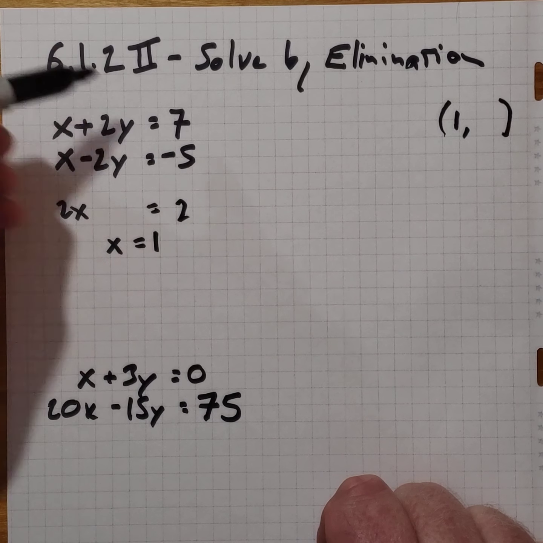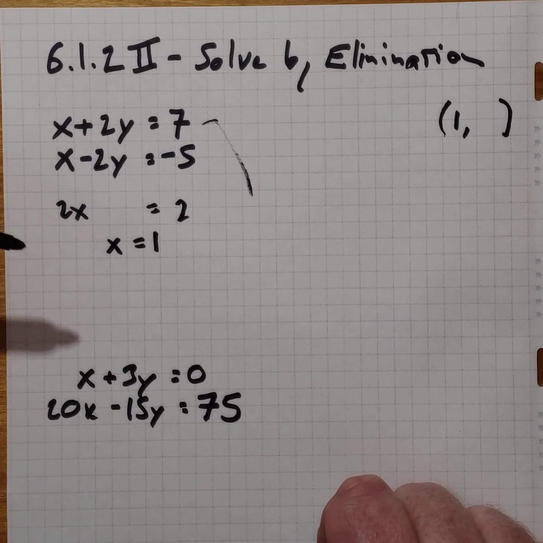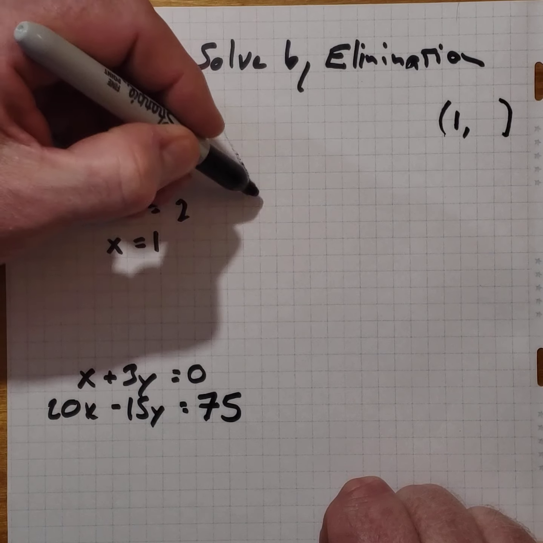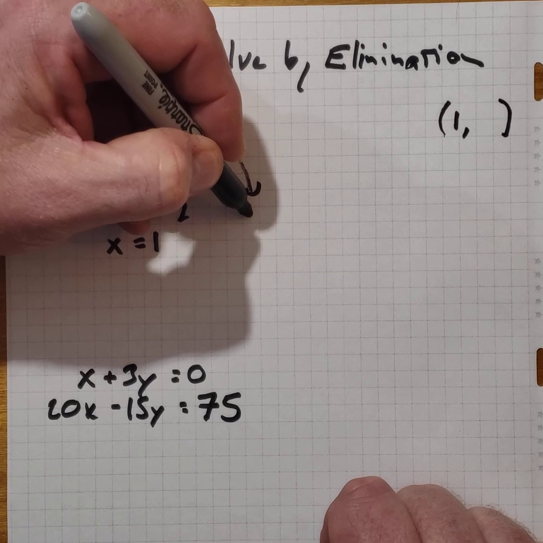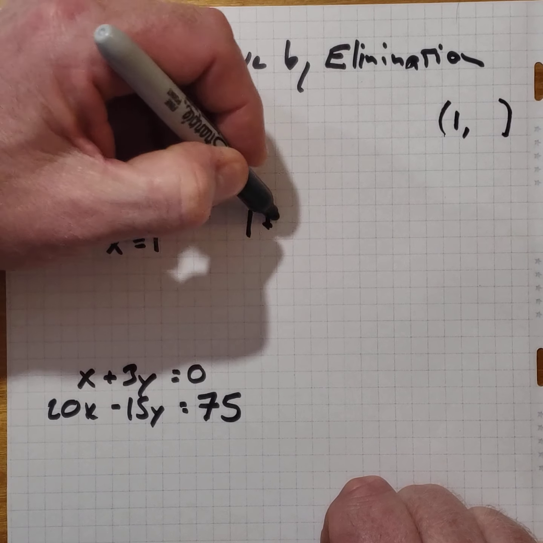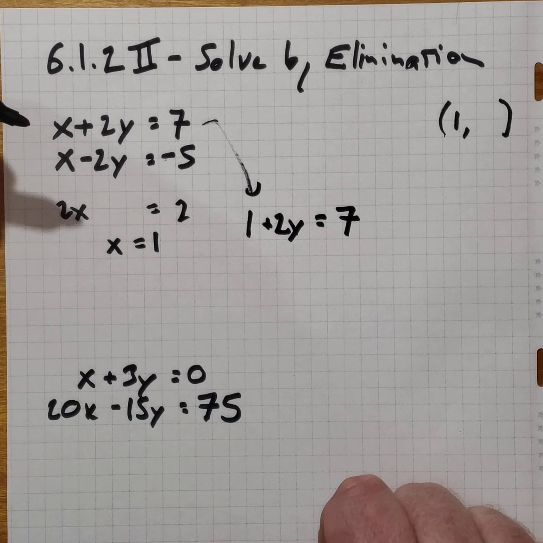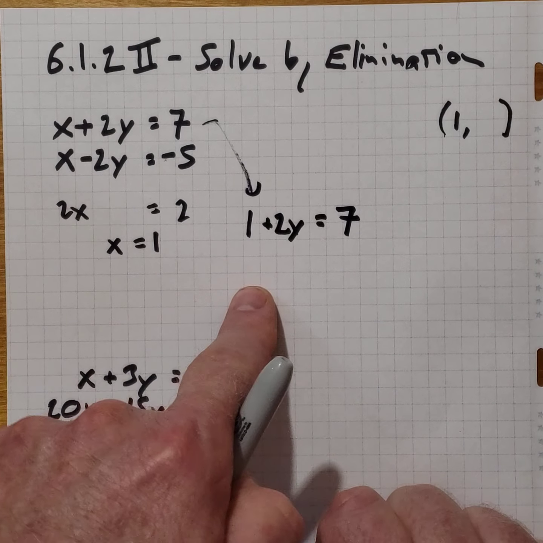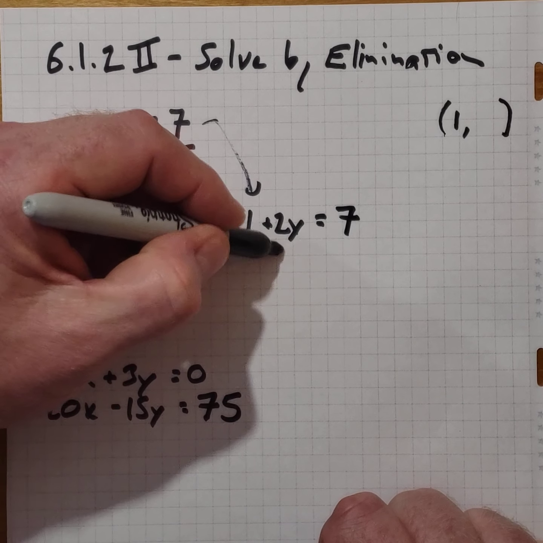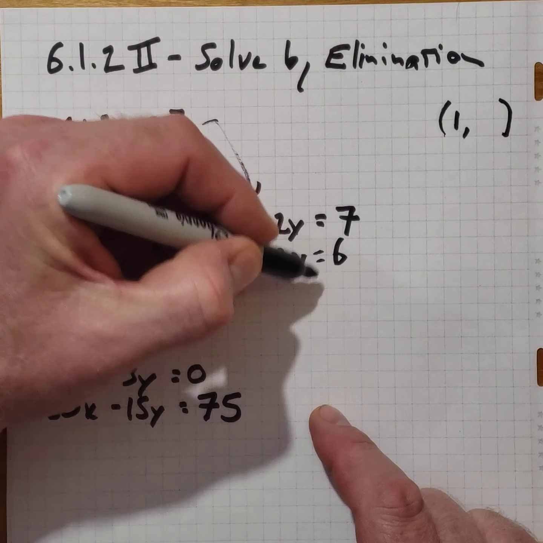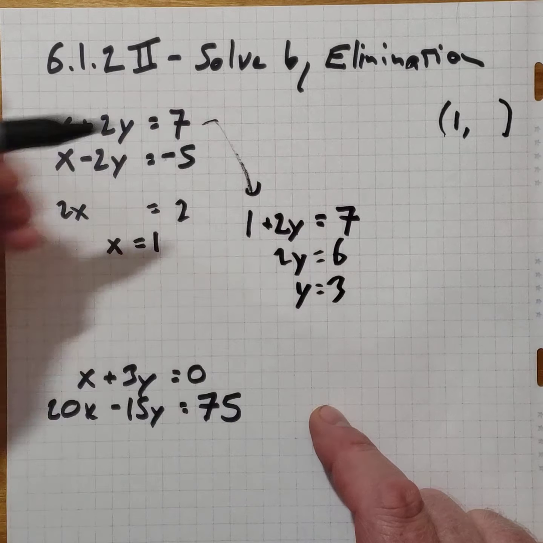I'm going to choose the top one, just because there's no subtraction in it. I like the looks of it a little bit better. Replacing the x with 1 gives 1 plus 2y equals 7. That gives me an equation with just y in it that's really easy to solve. Subtract 1 from both sides, divide by 2, and we get y is equal to 3.